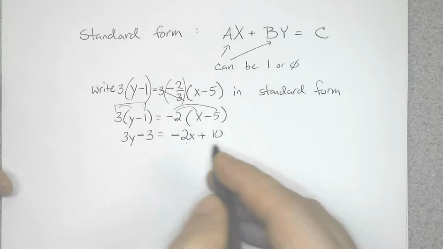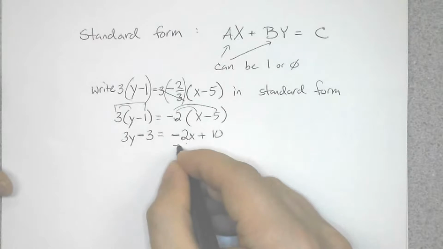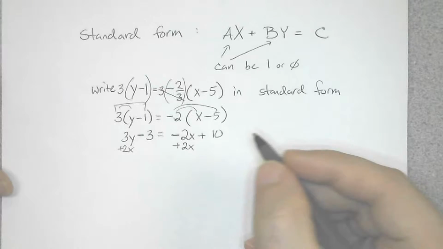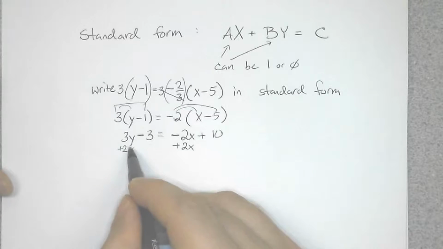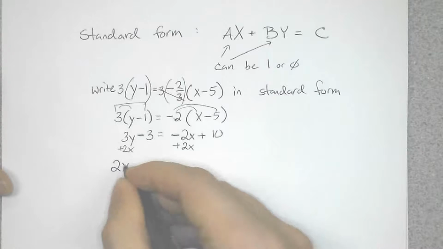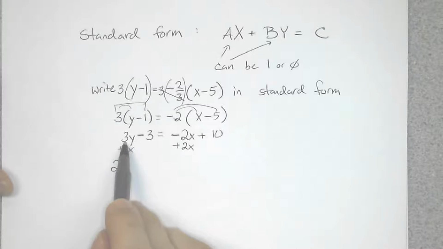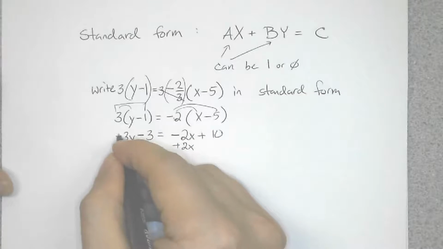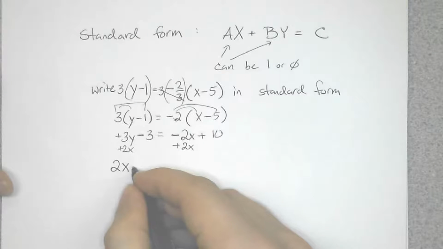Now, to get rid of this minus 2x on the right-hand side of the equation, I'm going to do the opposite, adding 2x. I'm going to do that on both sides. So when I do that, remember, we want to lead with the x term. So I'm going to start out with my 2x. Now, I have 3y here. Since there's no sign or symbol that precedes it, I'm going to put a plus because that means this is positive.